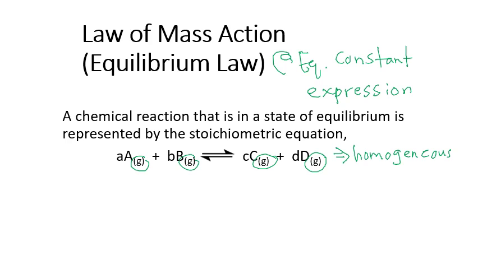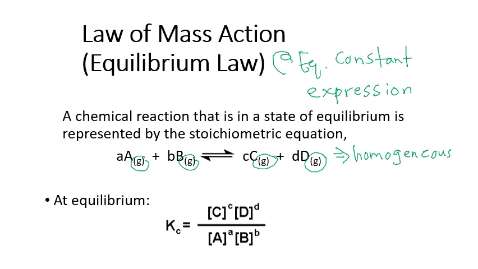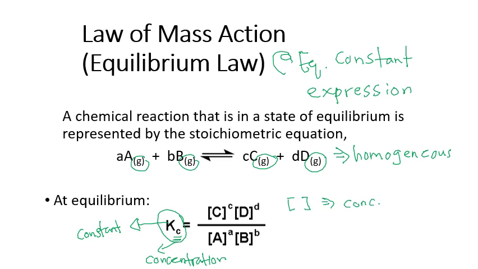But when we want to write the Kp or Kc expression, this is the way. We look at the general one. Here they are showing us the Kc. What is the meaning of C here? It stands for concentration. How about this K? It stands for constant. And then the square bracket represents concentration.